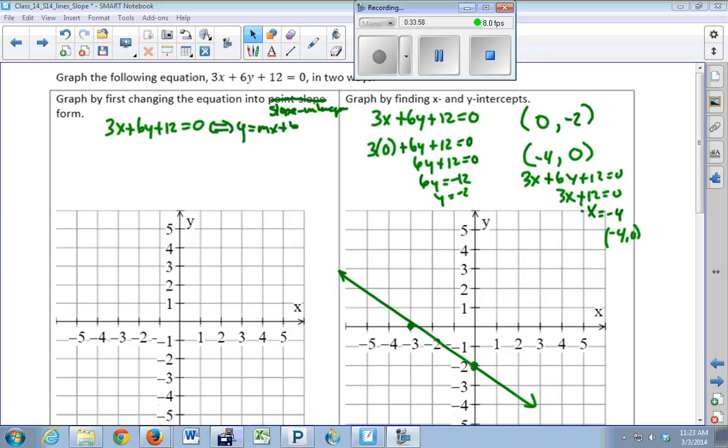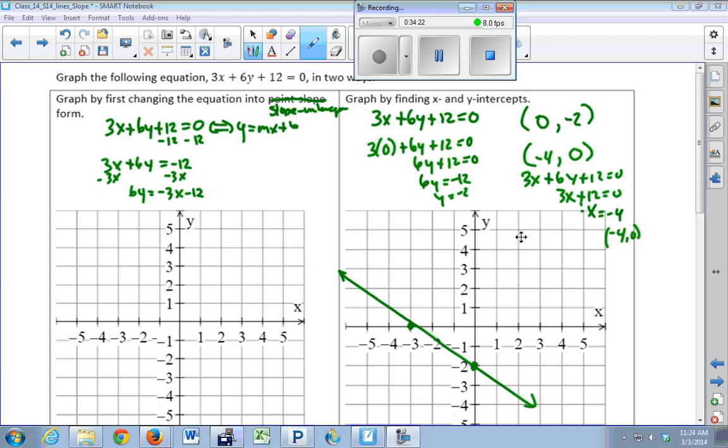So that's why we want to solve this equation for y. We want to get y all by itself. So you can subtract 12 from both sides if you want to start off. 3x plus 6y equals -12. And then we can subtract 3x from both sides. So we get 6y equals -3x minus 12, and we're almost done.